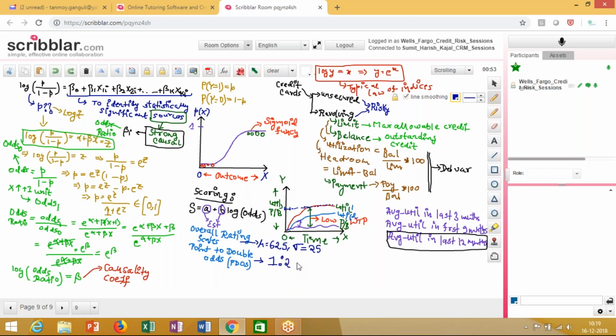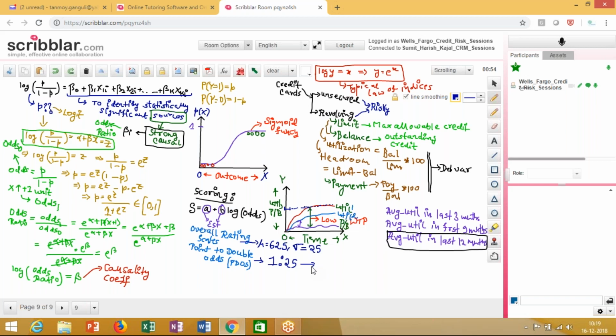What it essentially means is that for every increase of 25 points, the odds of the outcome doubles, right? Because the better the borrower is, the higher the score that would be given.